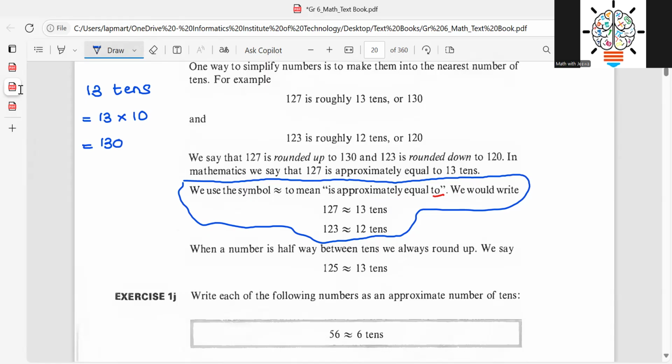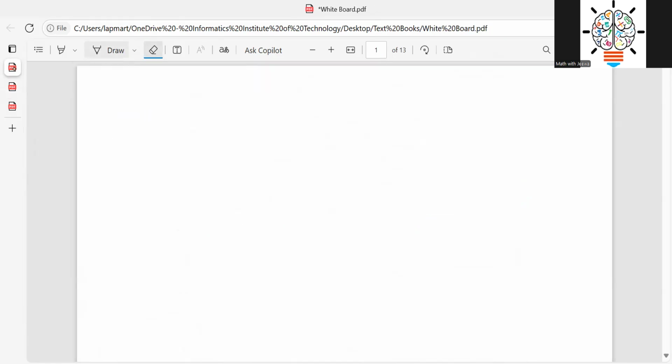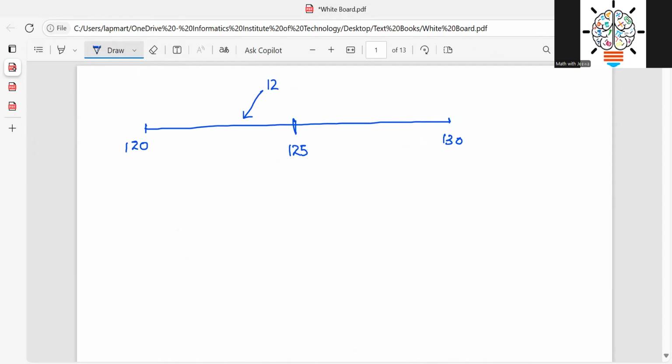If you have a number line like this, let's say that we have 120 and here we have 130. In the middle, we do have 125, right? If I'm talking about 123, it is closer to this one, 120.